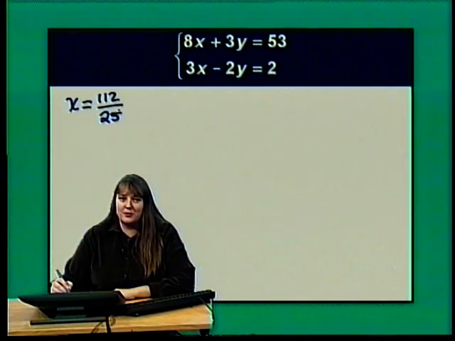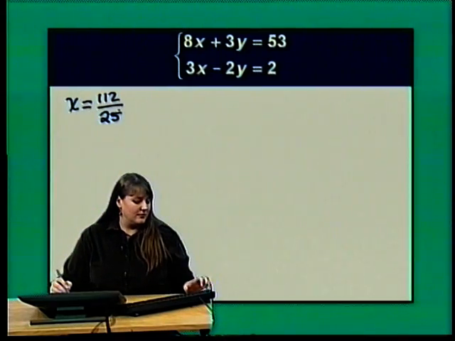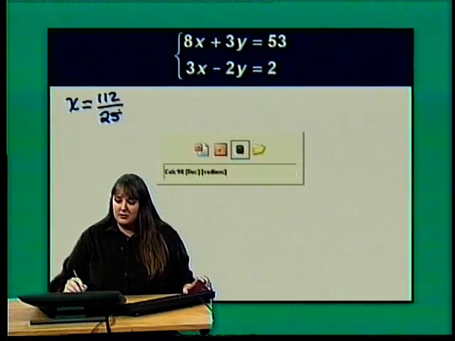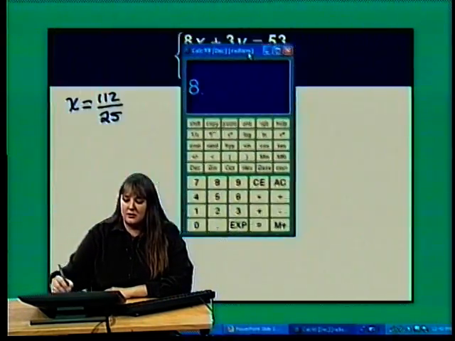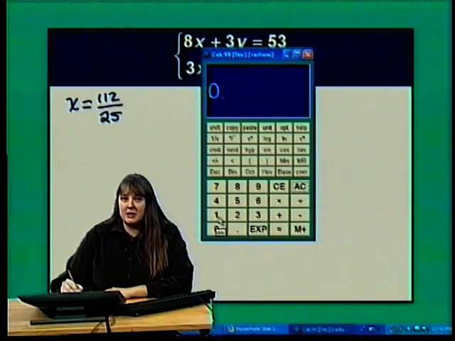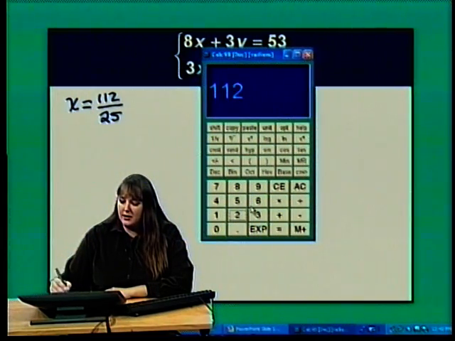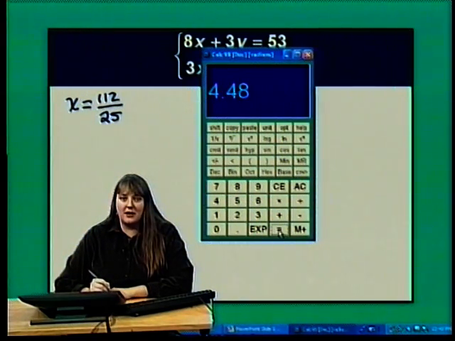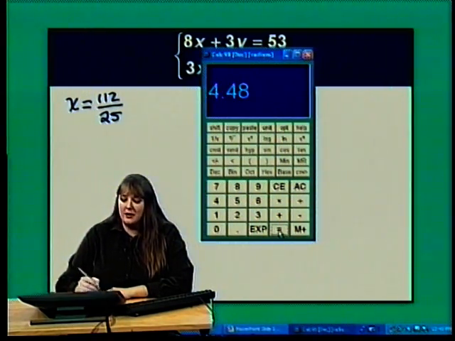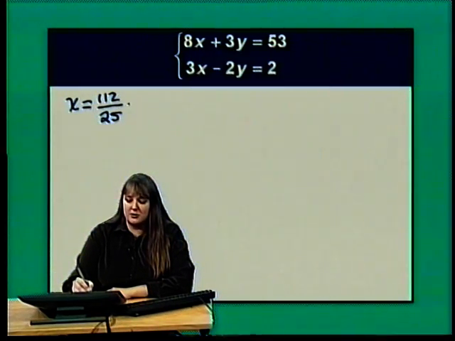If the decimal does terminate, I'm going to go ahead and write the value of x as a decimal. Again, I'm only doing that because the original system of equations had decimals. So I want to take 112 and divide it by 25. It is a terminating decimal, 4.48. So I'm going to go ahead and rewrite 112 over 25 as 4.48.